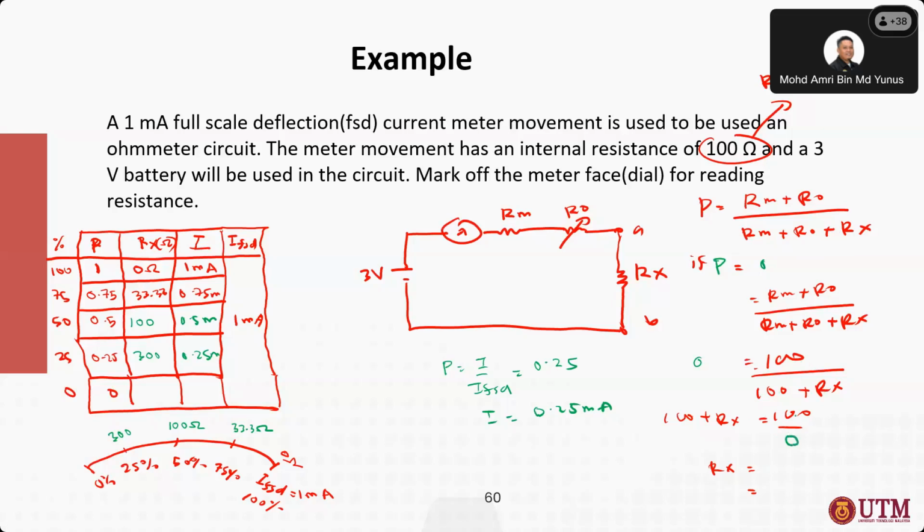If we divide 100 by any value of 0, we have infinity, and Rx minus 100.